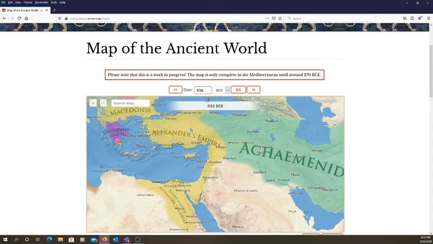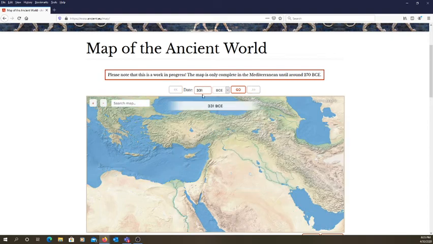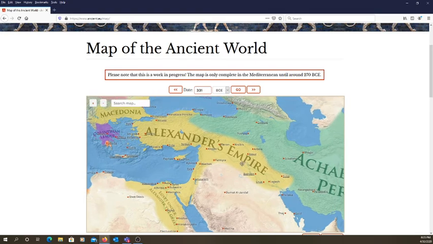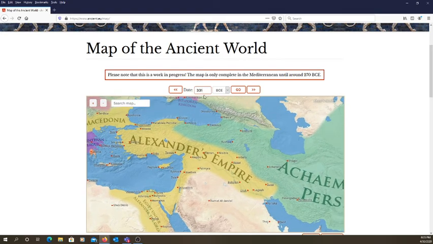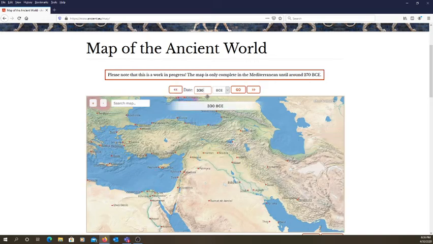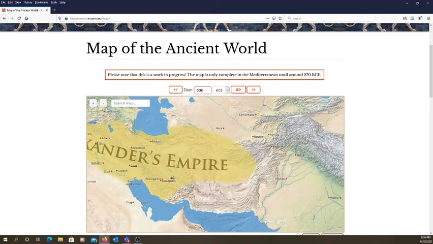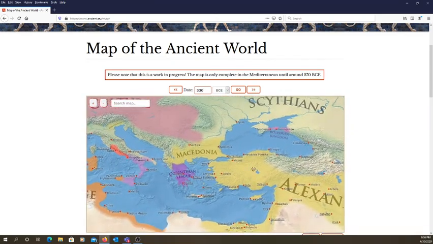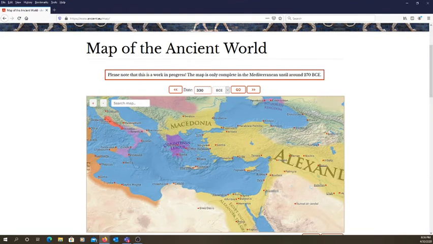In 332, Alexander has a massive empire that now includes Egypt, and he sets his sights again in 331 on the Persians. Here he is again attacking the Persian Empire. He's going to invade very successfully, and by 330 BC, Alexander controls all of the Persian Empire. Rome is taking off in 330 BC.